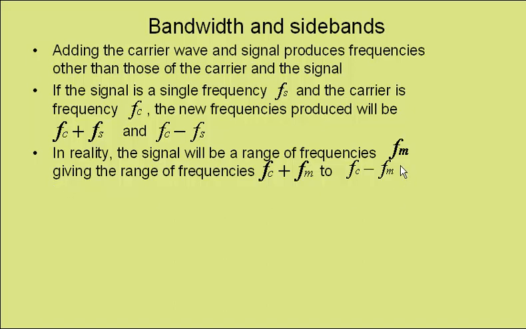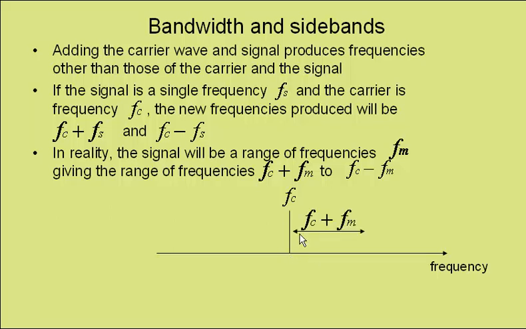So if we have a range of frequencies, fm, we would have fc, the frequency of the carrier, plus this range of frequencies fm, and the frequency of the carrier minus the range of frequencies fm. This is simpler on a diagram. Here we have a line representing increasing frequency, and our carrier frequency could be here, fc.